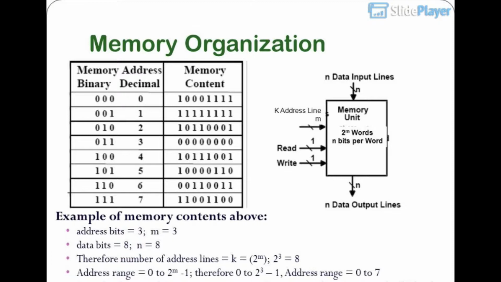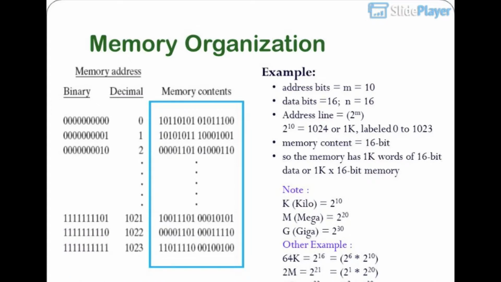Therefore the number of words equals 2^K, 2^3 equals 8. Address range equals 0 to 2^K minus 1, therefore 0 to 2^3 minus 1, address range equals 0 to 7. One word is the size of the memory content, so the memory above has 8 words of 8-bit data.